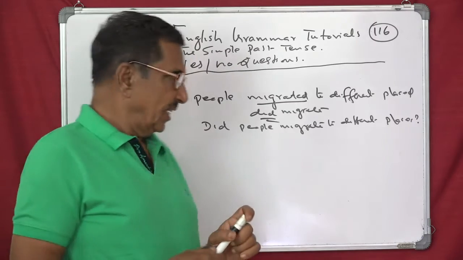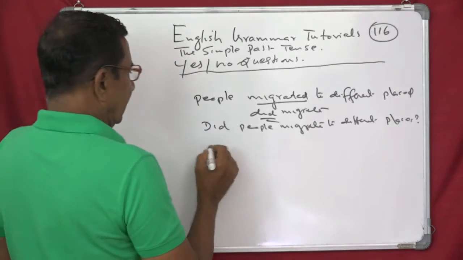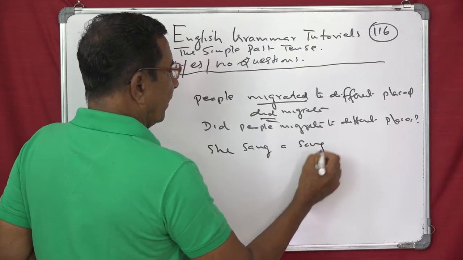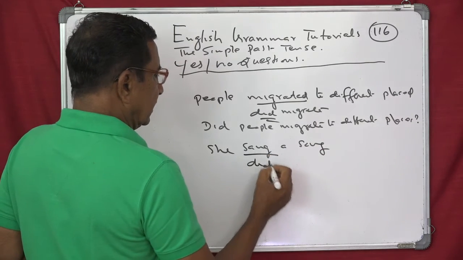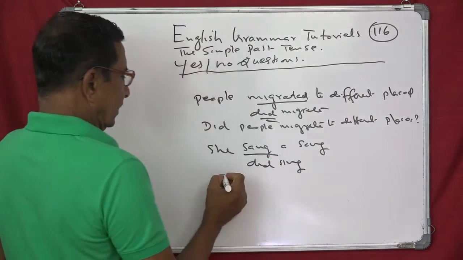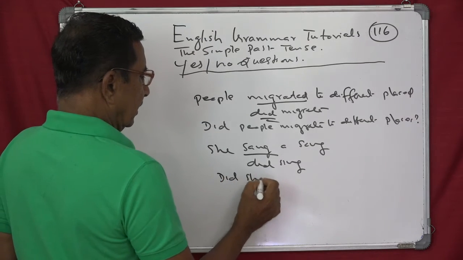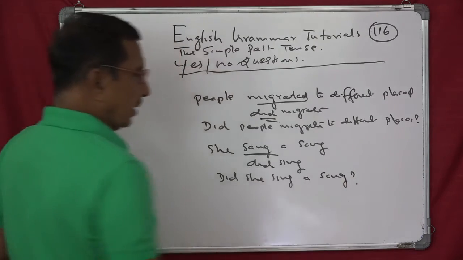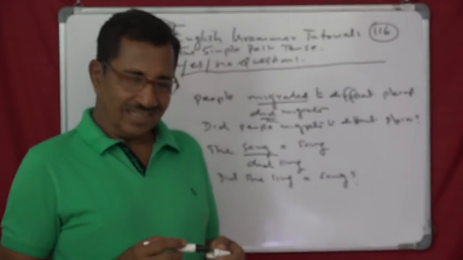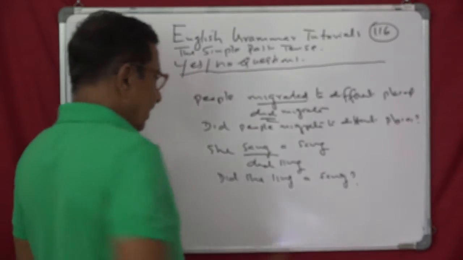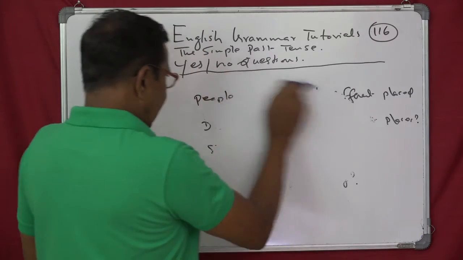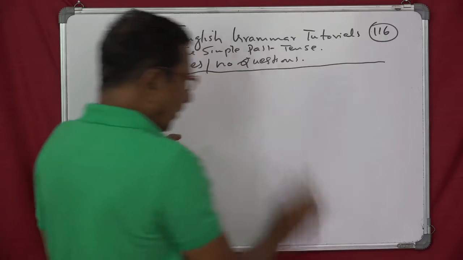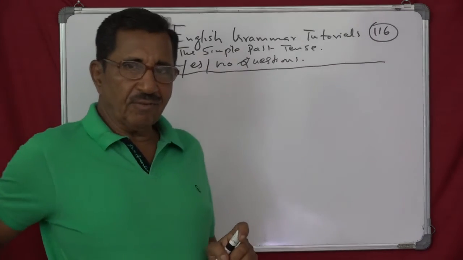Clear? Yes. And let's say some more examples. She sang a song. Sang is equal to did sing. So now it's easy. Did she sing a song? Question mark. Yes or no question? And we have a few more examples that will definitely prove useful to you, and therefore let us change the verb and the subject.